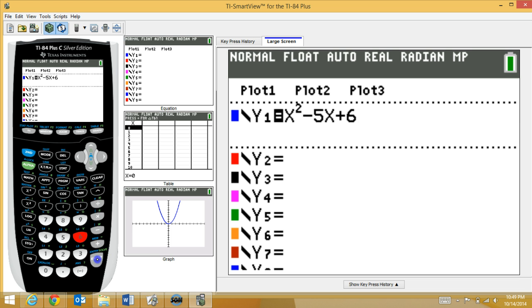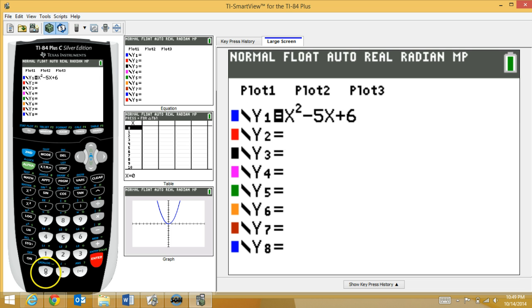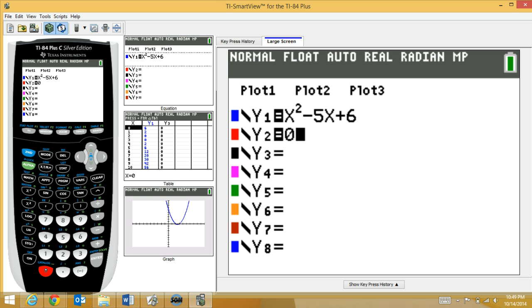And then in y sub 2, we're going to enter the right side, which was just y equals 0.